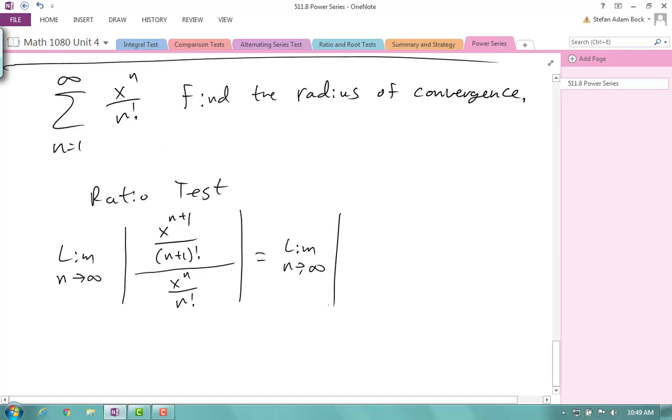Now if I simplify my fraction, I should have x to the n plus 1 over n plus 1 factorial times n factorial divided by x to the n. These x to the n's will cancel, leaving just a single x up there. And this n plus 1 factorial is the same thing as n plus 1 times n factorial, and I can cancel those.